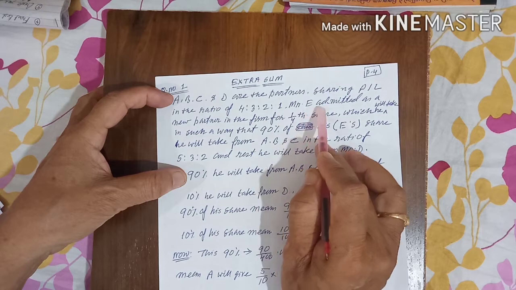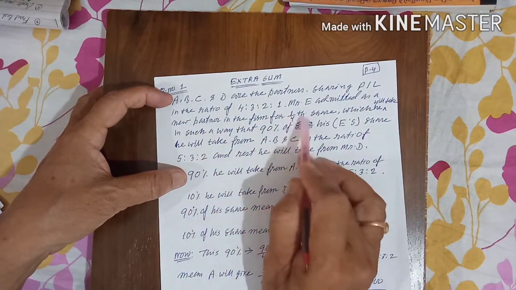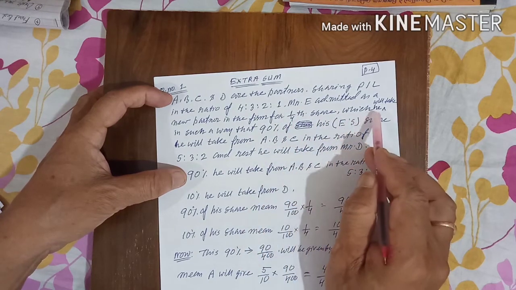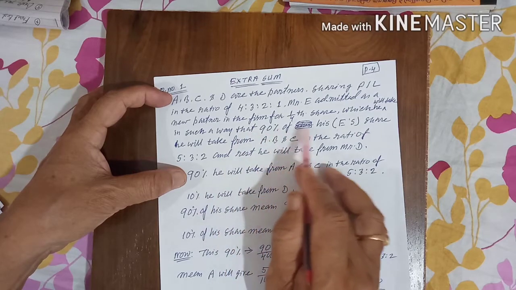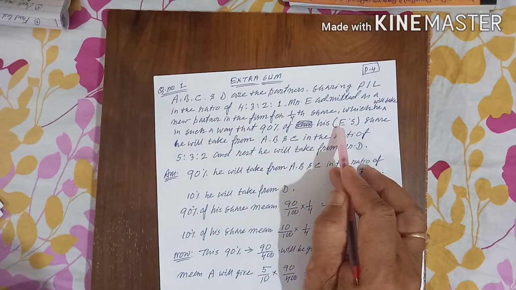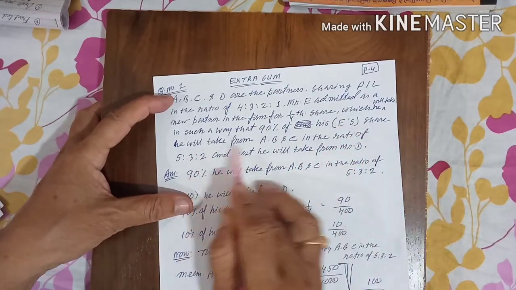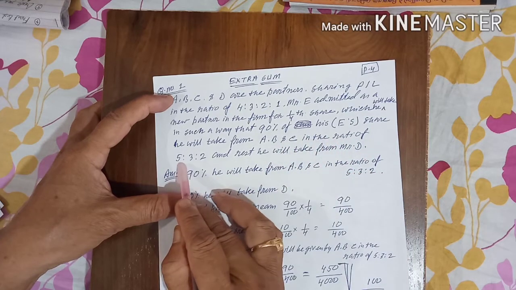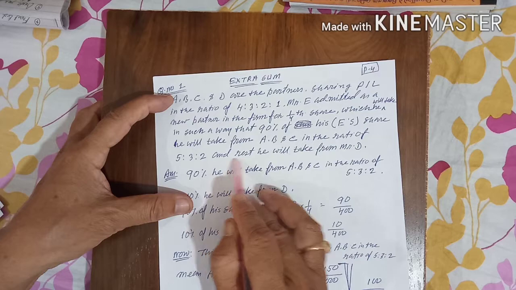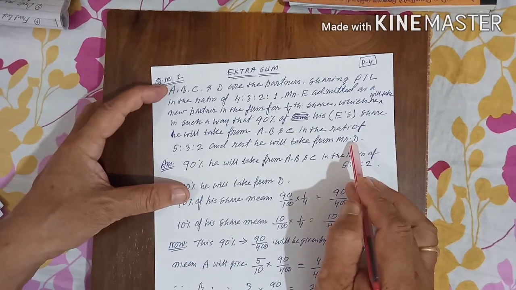Mr. E is admitted as a new partner in the firm for 1/4 share, which he will take in such a way that 90% of his share he will take from A, B and C in the ratio of 5:3:2 and the rest he will take from Mr. D. Once again, I want to read the question very carefully.